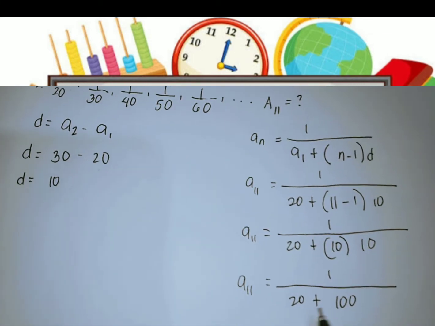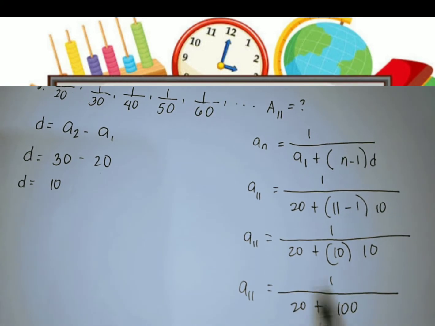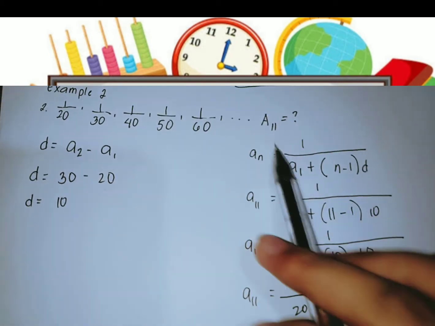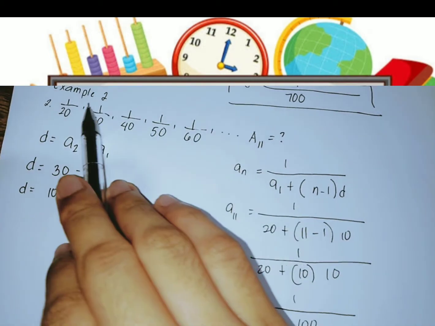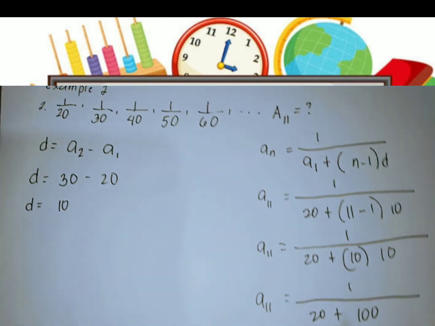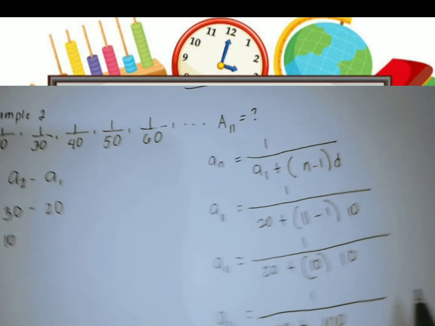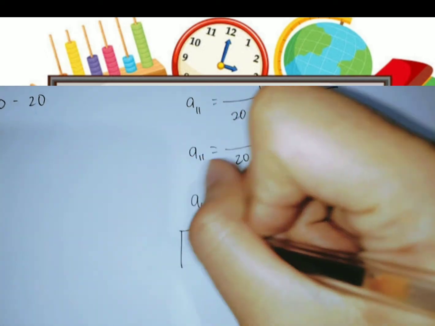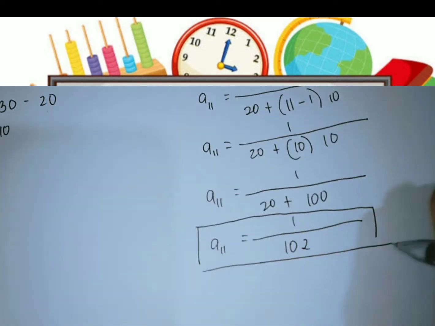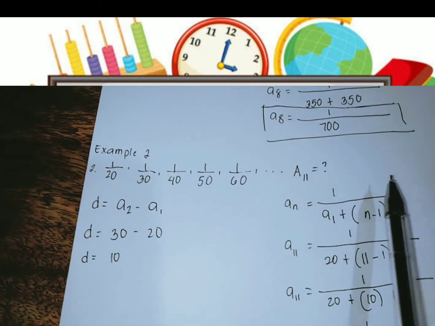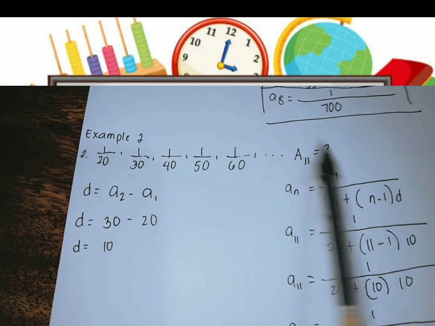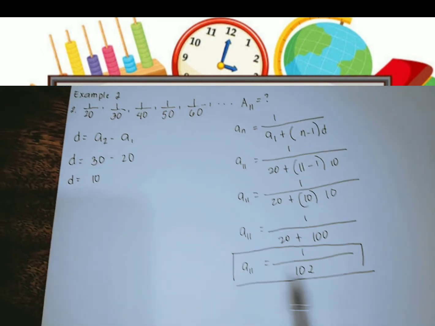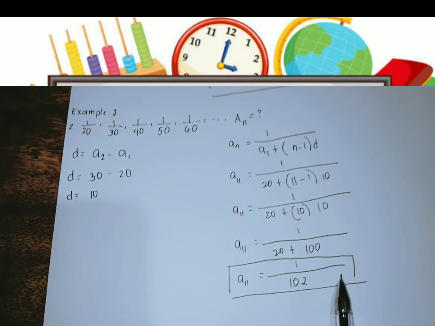So 20 plus 100, we add it to find the 11th term of this harmonic sequence. 20 plus 100 is equal to 120. So now this is the answer in our example number 2. The 11th term of this harmonic sequence is 1 over 120.